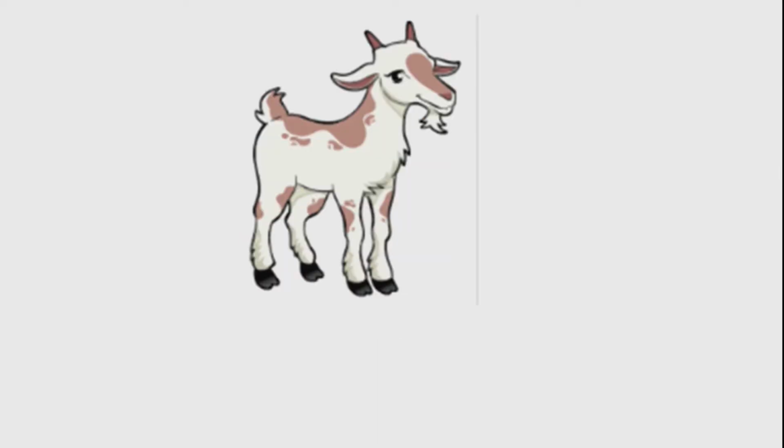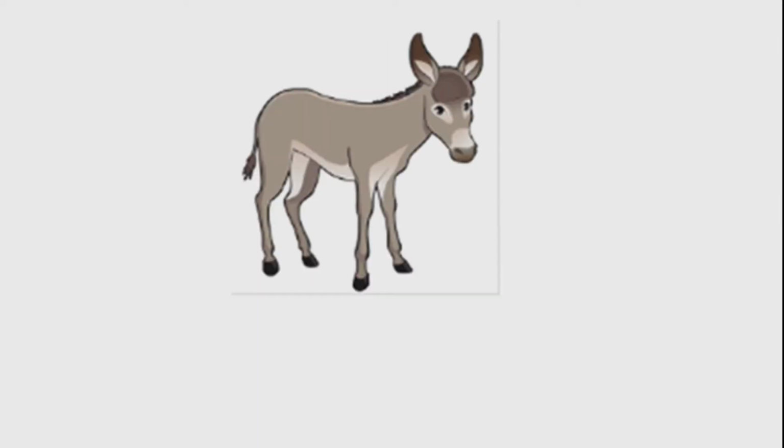Look, it's a goat. Goat. G-O-A-T. How about this animal? A donkey. Donkey. Repeat, please. And how do you spell it?